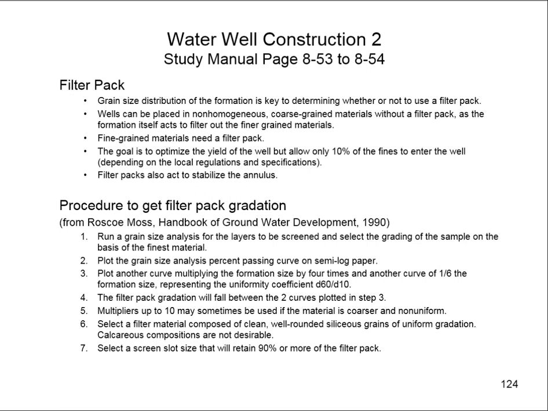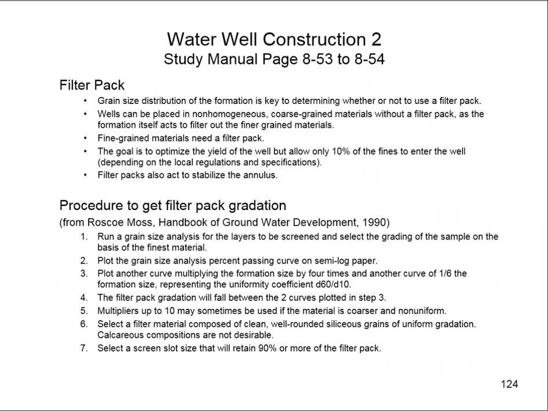So depending on your local jurisdiction, they're going to have some rules about percentage or how many parts per million to draw in. And so I'm just going to choose 10% of the fines to bring in so that we can select a screen slot size that will retain 90% of the filter pack. And one of the ways to get the filter pack gradation that you need is to draw a grain size distribution curve.